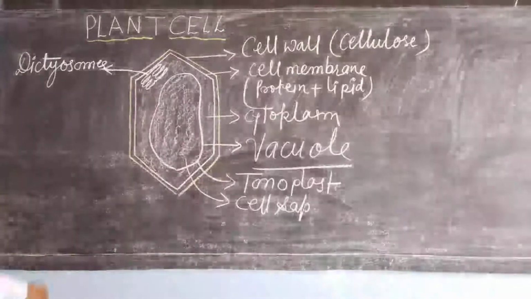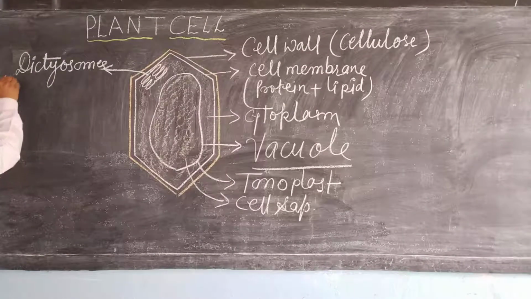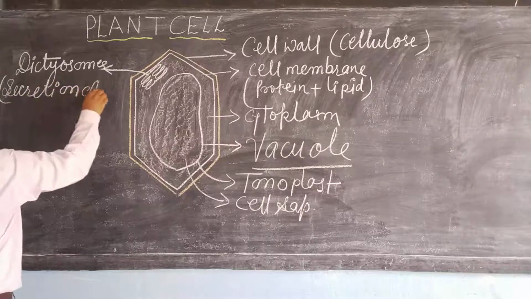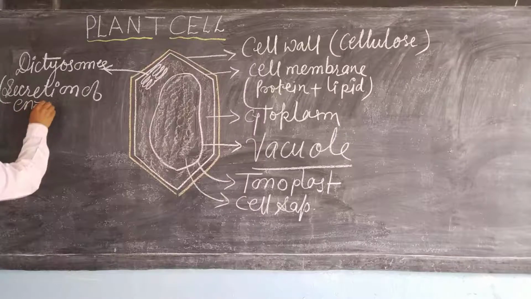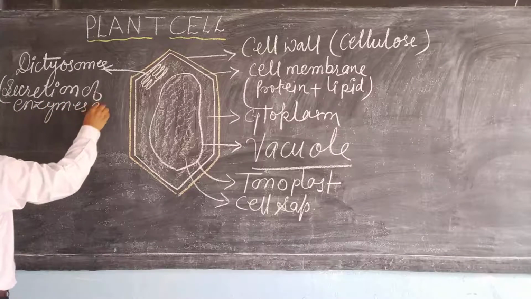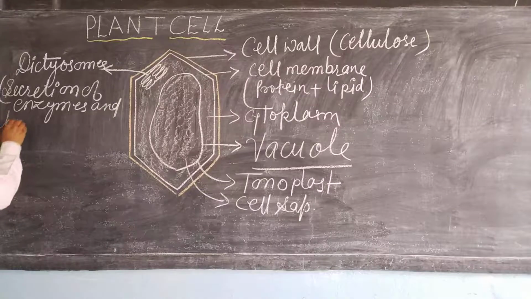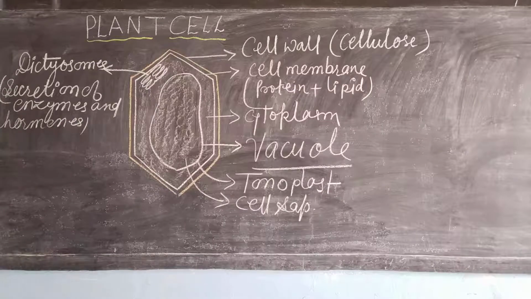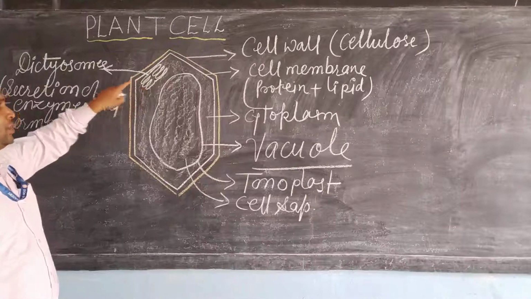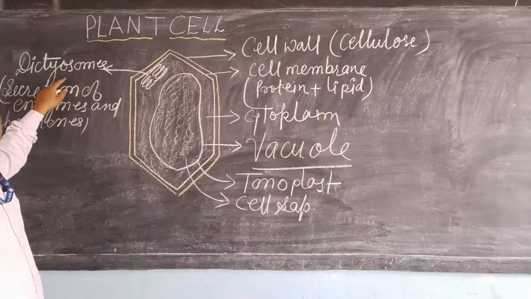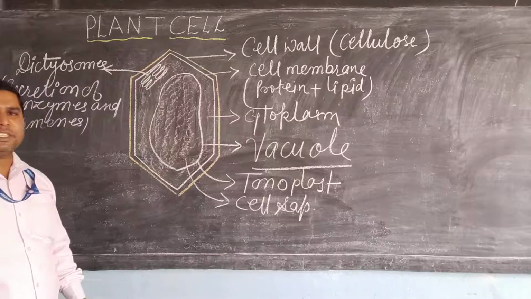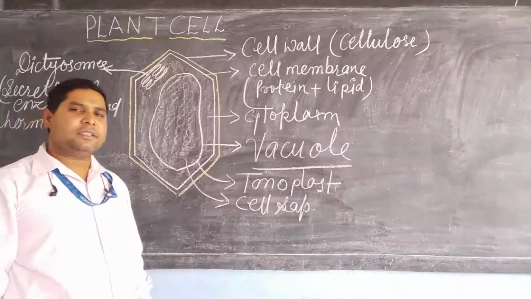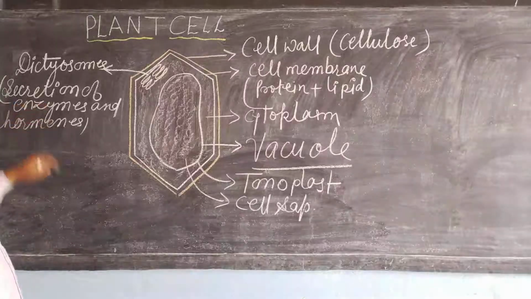In the plant cell it is known as dictyosome, whereas in the animal cell it is known as Golgi body or Golgi apparatus. But the function is the same, secretion of enzyme and hormone.